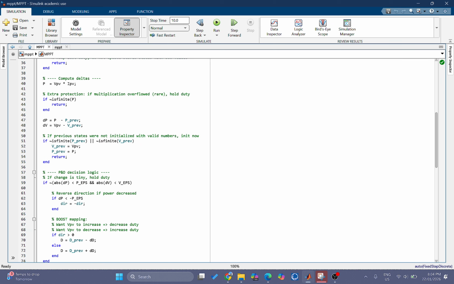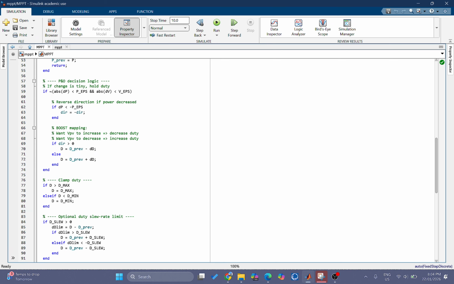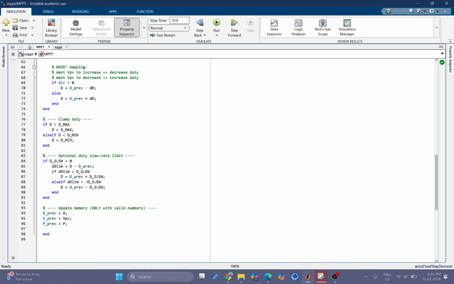Then, if a small change in the duty cycle increases the power, the algorithm continues in that direction. If the power decreases, the perturbation direction is reversed. Over time, this process forces the PV array to operate near its maximum power point.